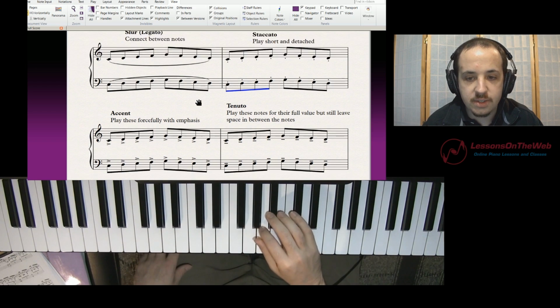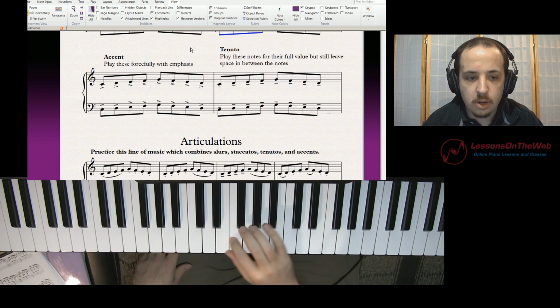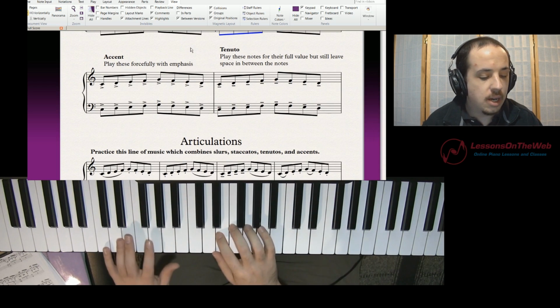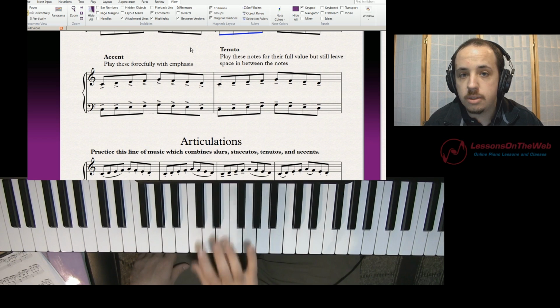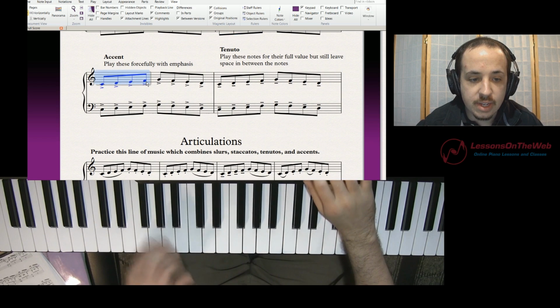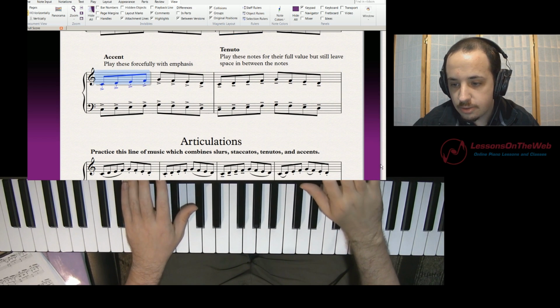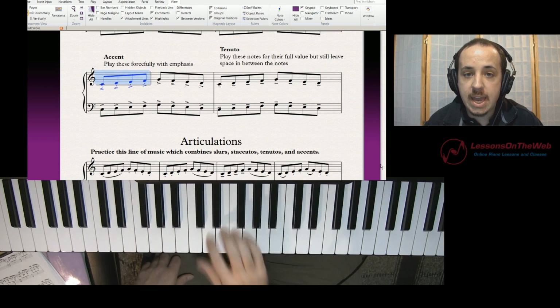So just practice that, and then we have the accent, one we haven't talked about quite as much in my lessons. You're going to play these notes more forcefully. However, you're not going to play them short. If you wanted that, you can actually combine the accent and the staccato, and that will make you play it more forcefully and short.